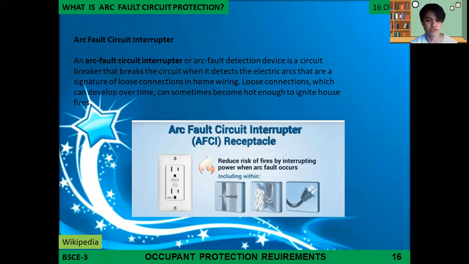Loose connections, which can develop over time, can sometimes become hot enough to ignite house fires. This is an example of an arc fault circuit interrupter or AFCI receptacle. It reduces the risk of fires by interrupting power when an arc fault occurs. Yan siya.